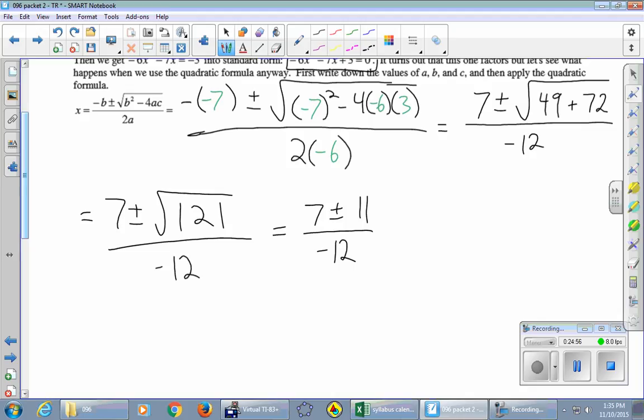In other problems, at this point, we'd split into two fractions. That's not helpful here. We are going to split this, but we're splitting it into two completely separate calculations over the plus or minus. It's 7 plus 11 over negative 12 and 7 minus 11 over negative 12. See it? Just writing out the plus or minus separately.